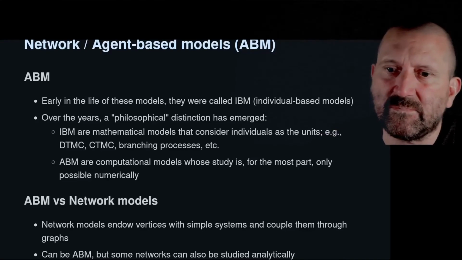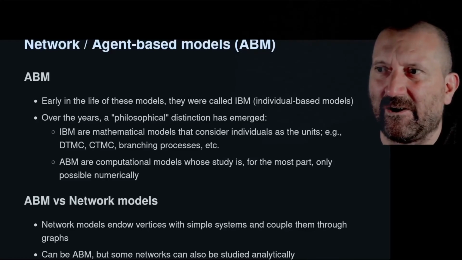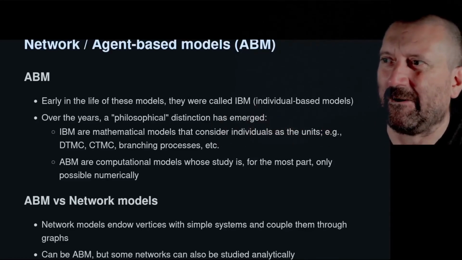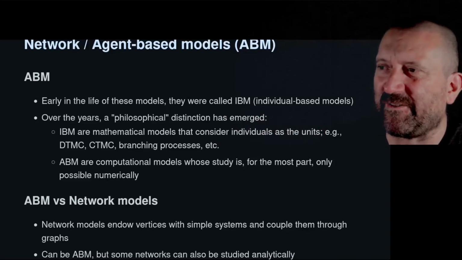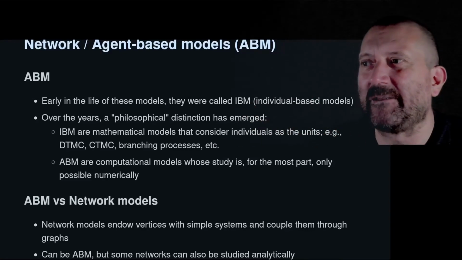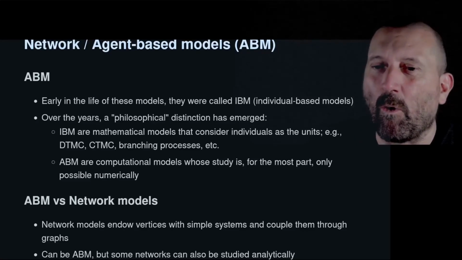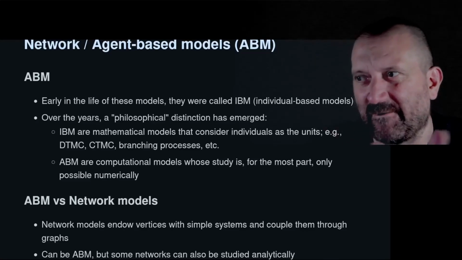I won't get into this. I suspect that in some of the later lectures, both in the introduction and in the main course, you will see ABMs or network models. I'll just make the distinction.